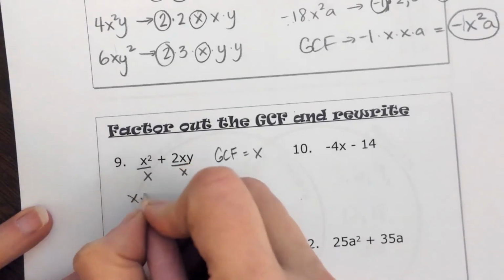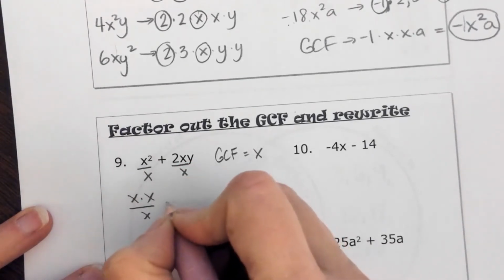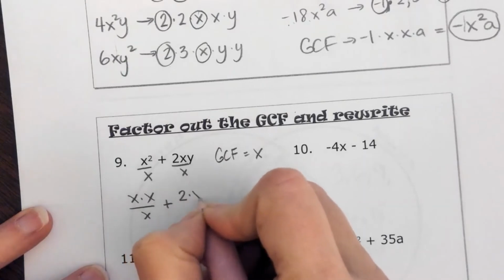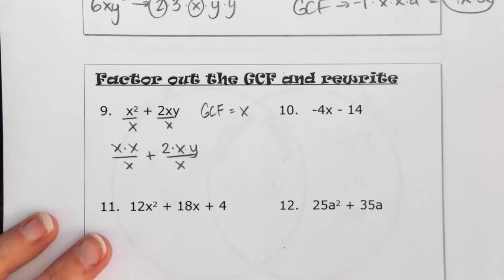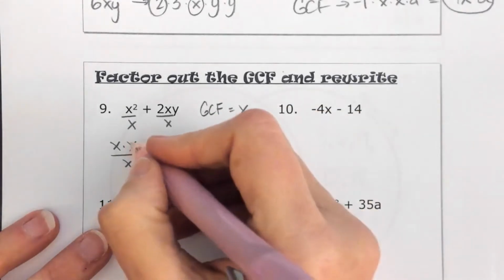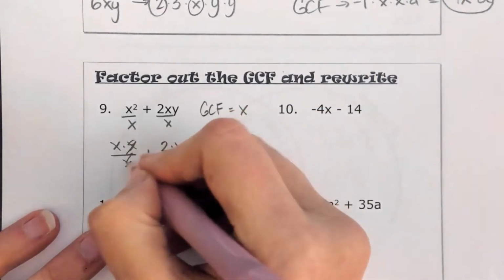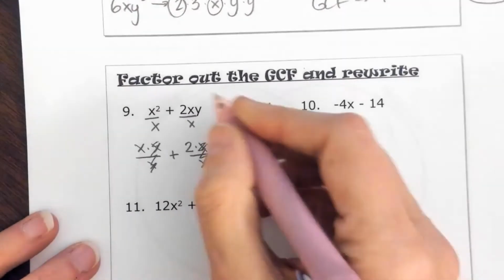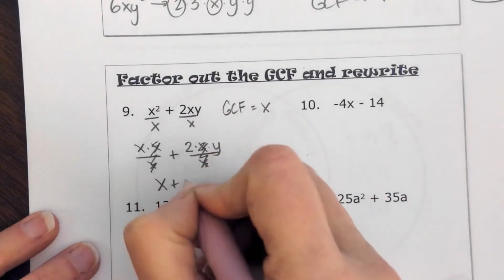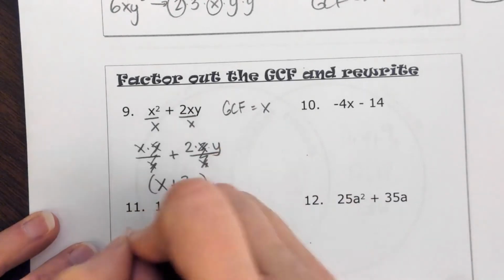Okay, so we have x times x over x plus 2 times x times y over x. And then we're going to cancel out that x. So these cancel out, and these cancel out. What's left is x plus 2y.